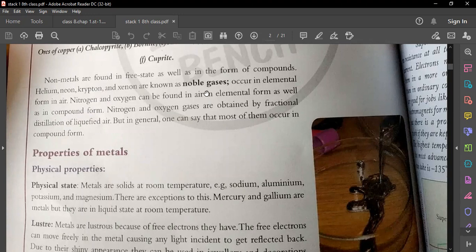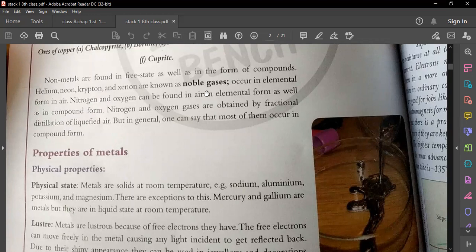Sir, can we make noble gases or noble elements combine with any other metal or element? Yes, xenon is there, right? Xenon can combine with oxygen or fluorine. Xenon is a noble gas, but it will combine with the two most electronegative elements, fluorine as well as oxygen.